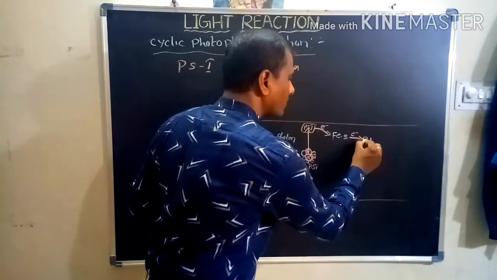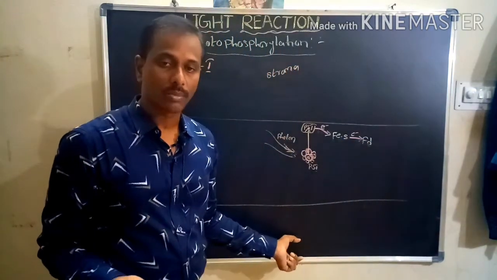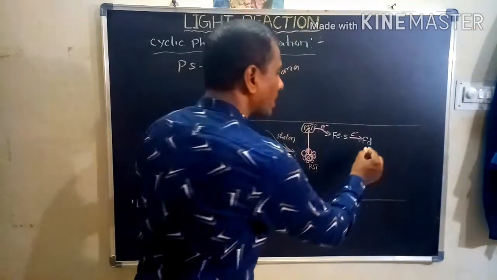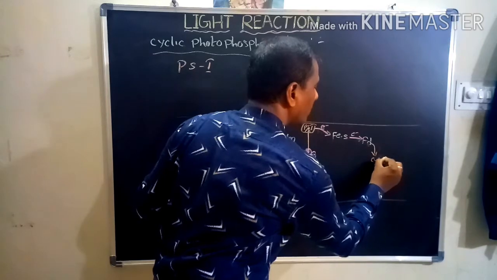Ferredoxin receives the electron, undergoes reduction, and transports the electron on to cytochrome b.